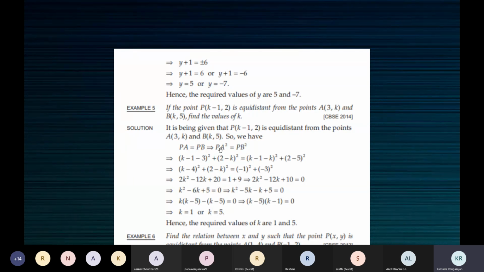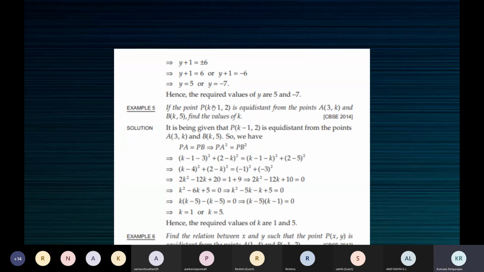So we are writing the formula for PA square: P is K minus 1, so the x coordinate difference is K minus 1 minus 3 the whole square, plus the difference between the y coordinates, 2 minus K, the whole square, is equal to PB square.